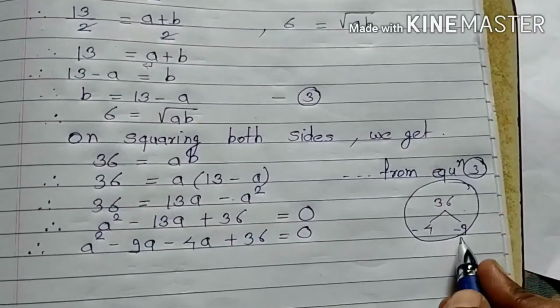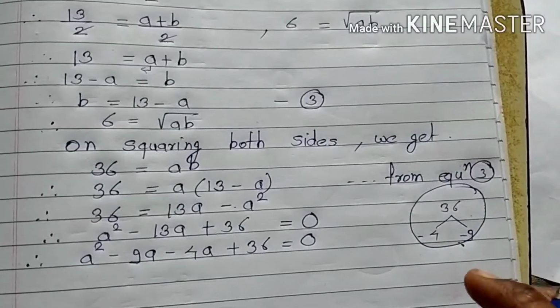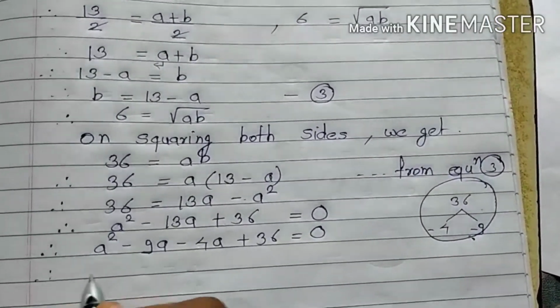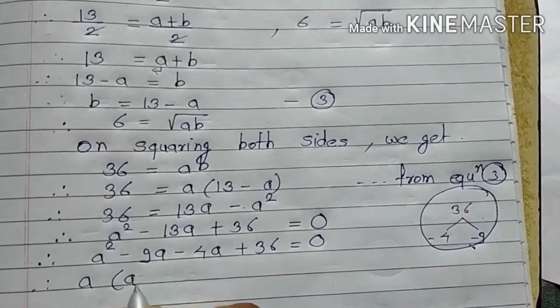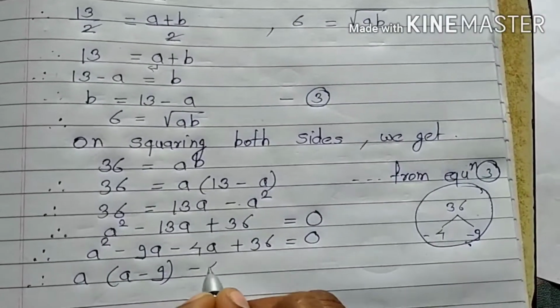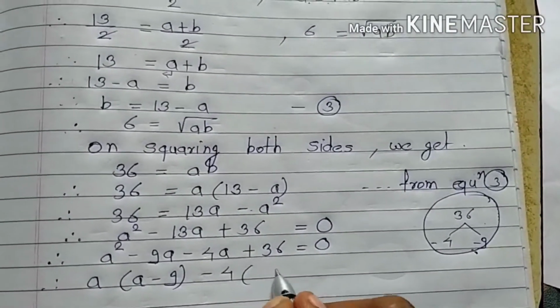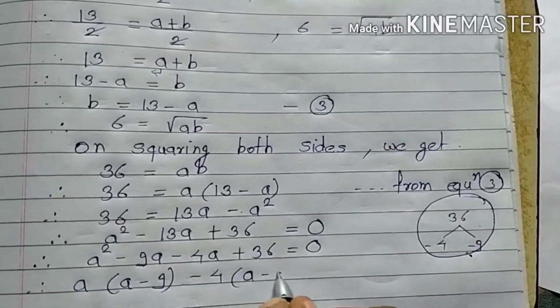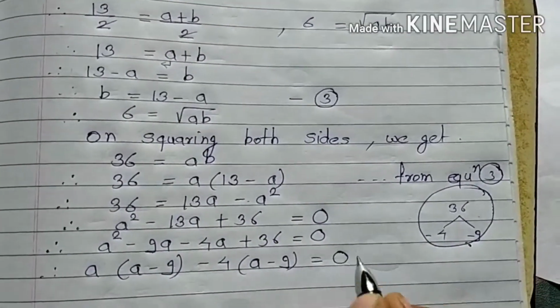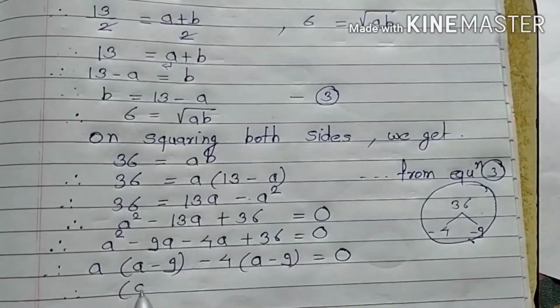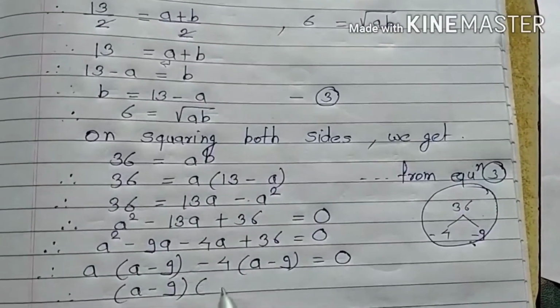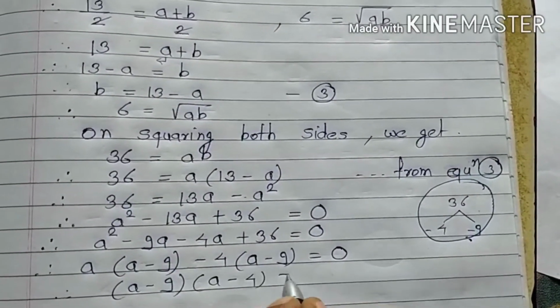There is no need to write this in your exam, it is only for your understanding. Now take a common: a(a − 9), and from here take 4 common: −4(a − 9) = 0. And therefore we get two brackets, (a − 9)(a − 4) = 0.